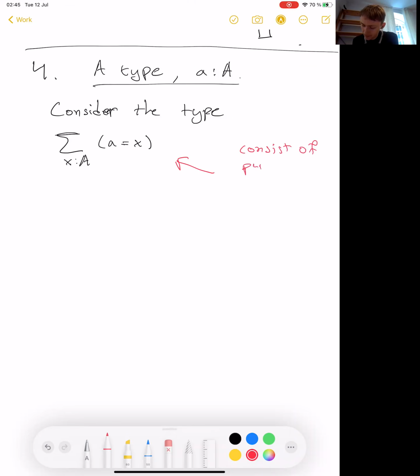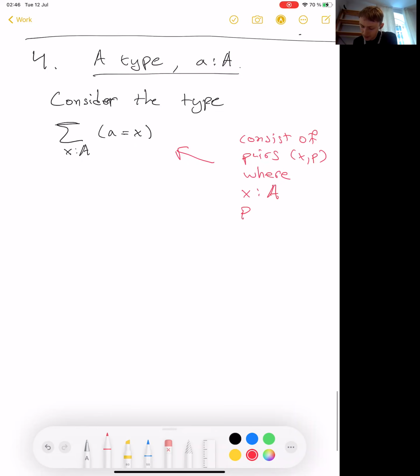And pairs of what? Well, pairs (x, p), where x is a point in A, and p is a proof or a path from a to x. Okay.